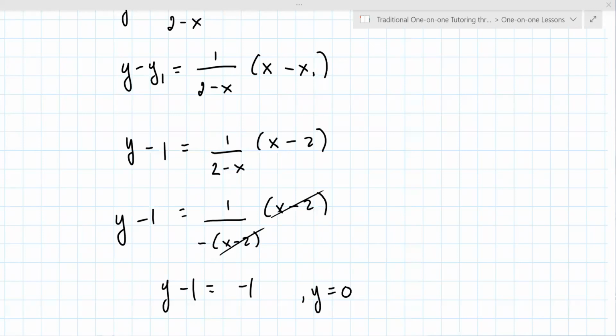Let's see if we can find another approach on this one.